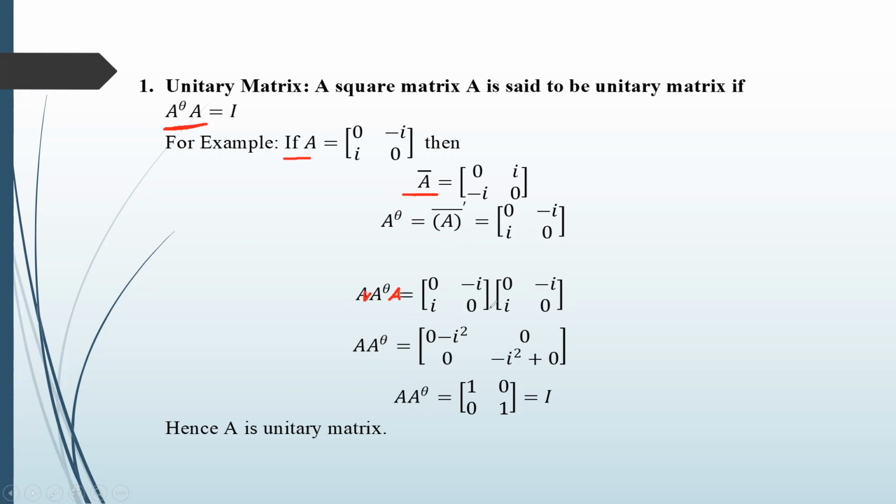After multiplying, we get 0, minus i square, 0, 0, minus i square, plus 1, and we know that the value of i square is minus 1, so this will be 1 0 0 1. It means a unit matrix. So hence A is a unitary matrix. So is that clear?